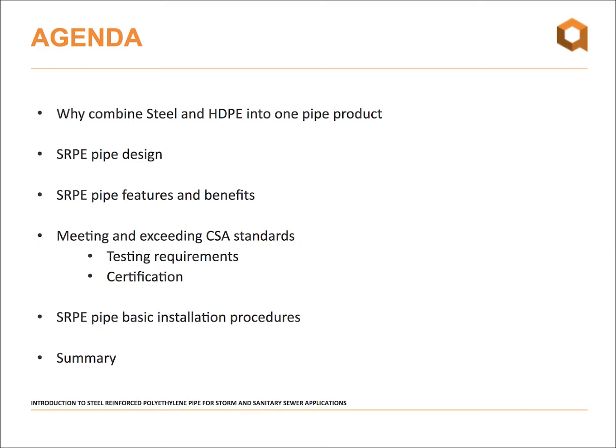Then we're going to discuss how this next generation of steel reinforced polyethylene pipe made by Armtec meets and exceeds the requirements of the CSA standards. We're also going to then move on into the basic installation procedures and post-installation testing procedures for steel reinforced polyethylene pipe, and we're going to have a brief summary at the end.